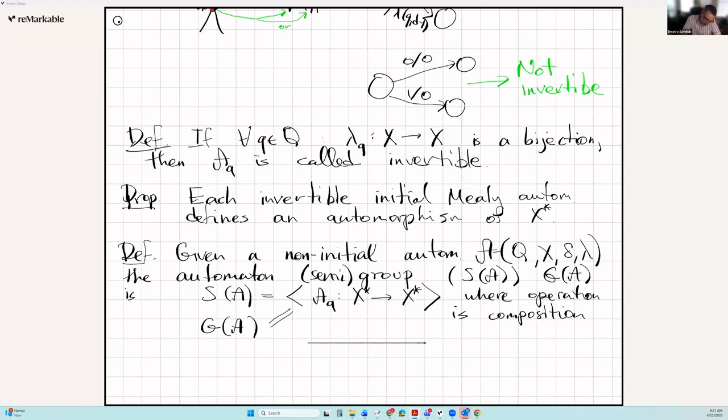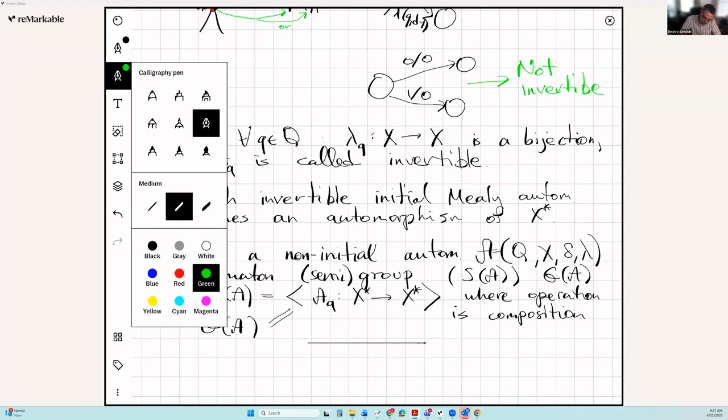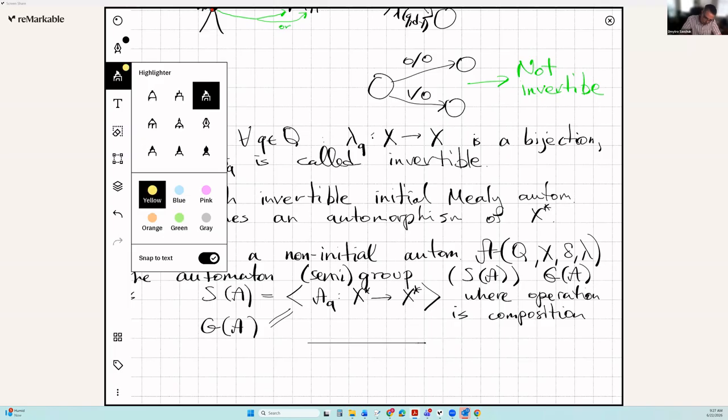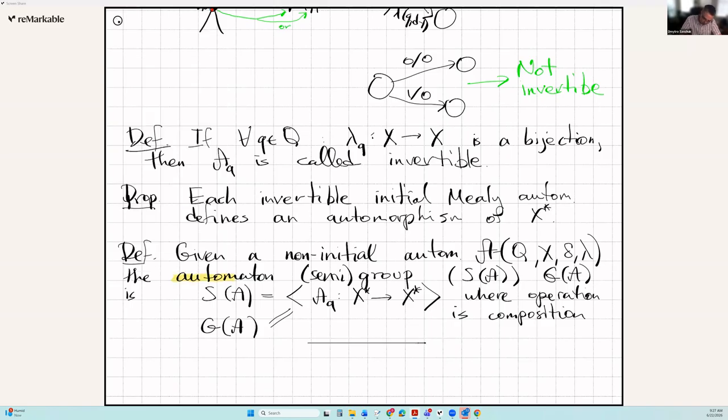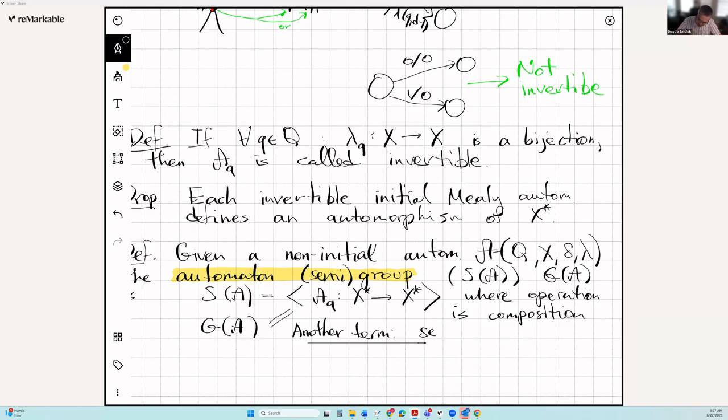So automaton group, maybe let me just highlight it somehow. Yellow. Okay. And I'll just write down another term: it's called self-similar semigroup or group.